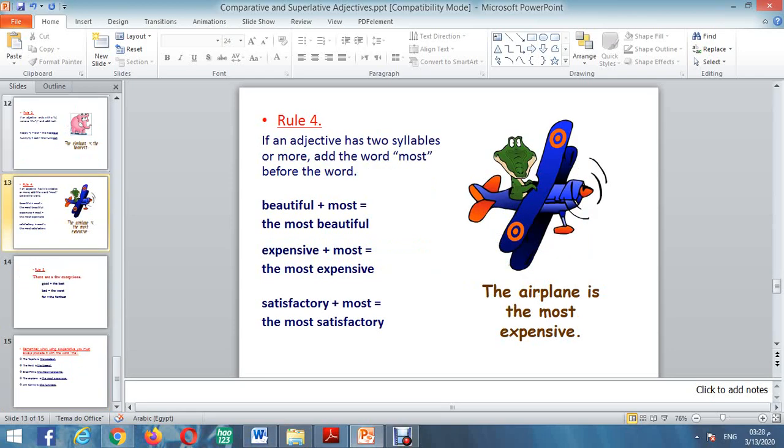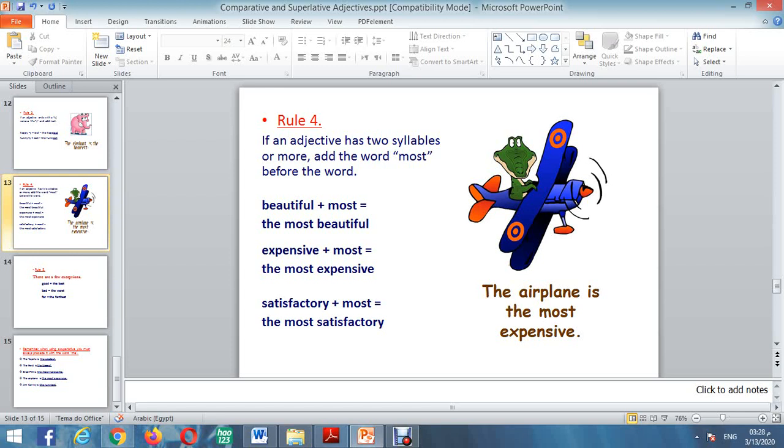Now, rule number 4, if an adjective has 2 syllables or more, add the word most before the word. So, now, long adjectives, more than 1 syllable, like beautiful, expensive, satisfactory, and so on. Beautiful, it will be like what? We use the most plus long adjective. Beautiful will be the most beautiful.